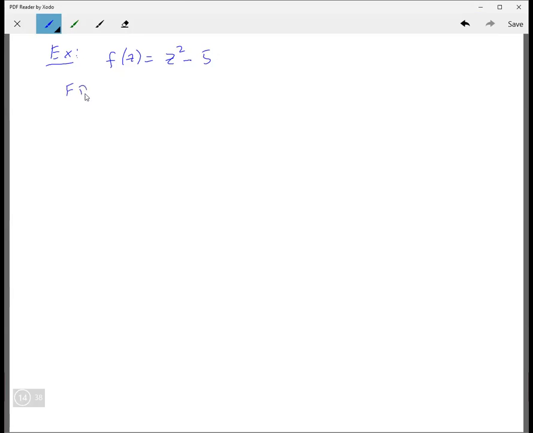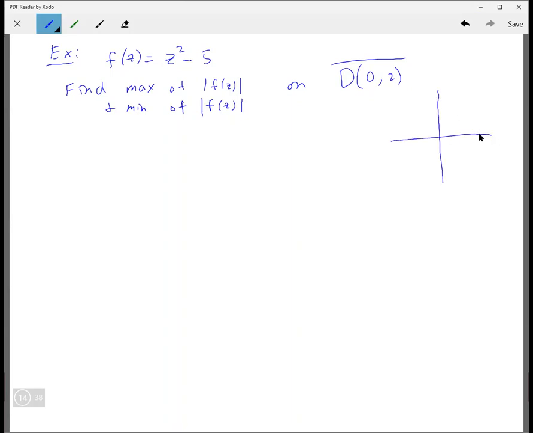Find the maximum of f of z and the minimum of the modulus of f of z on, this time, the same set again: the closed disk centered at the origin of radius 2.